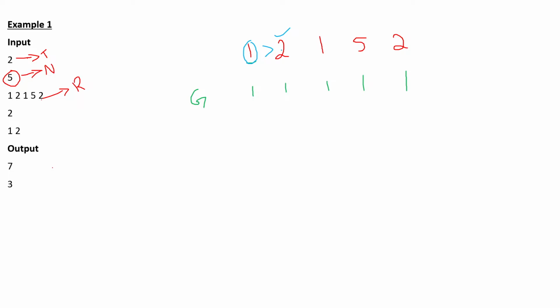Now go with the second employee. In the second employee, what is his rank? For the second employee, rank is 2. Now check its neighbors. How many neighbors are we having for the second employee? We are having two neighbors.